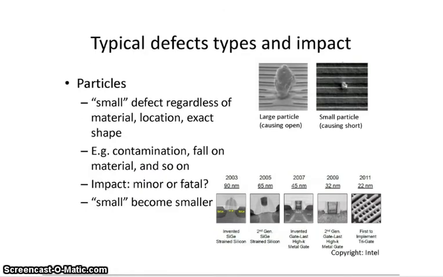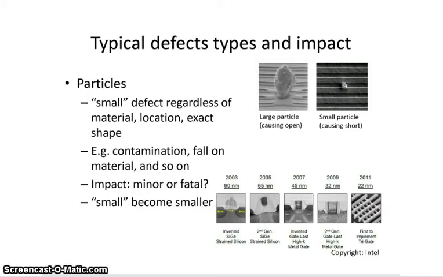So the first typical type of defect is particle. Particle is a very general way to describe some small defect. It may be different material and maybe different shape. It doesn't necessarily have to be spherical. It can be any ugly shape, and it doesn't matter where the location is.